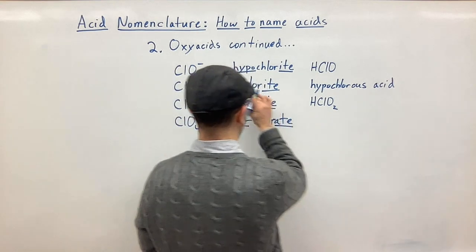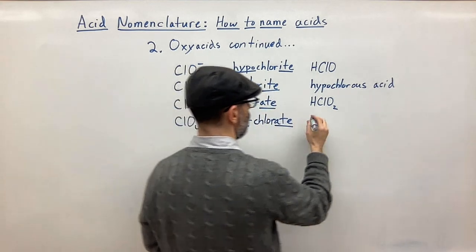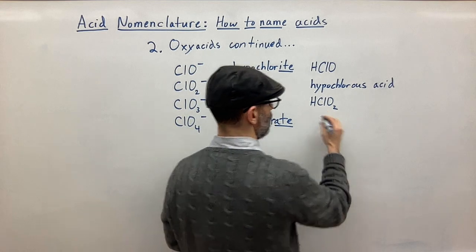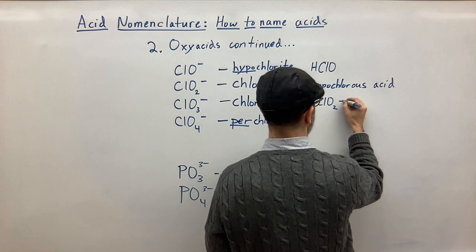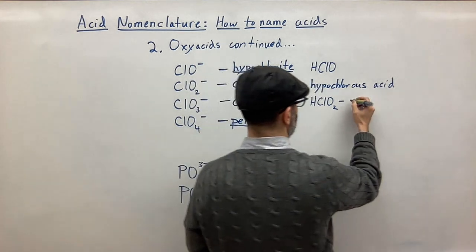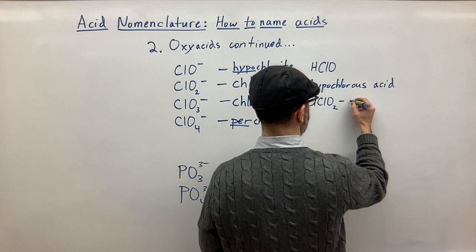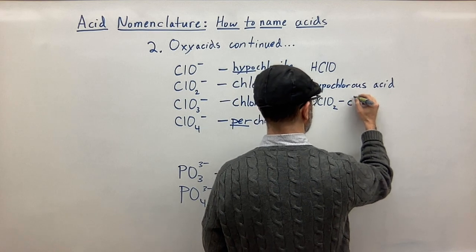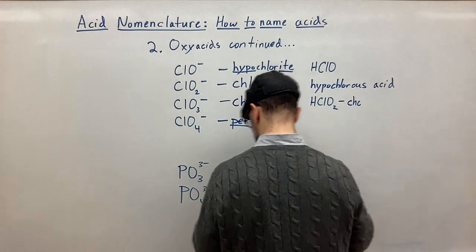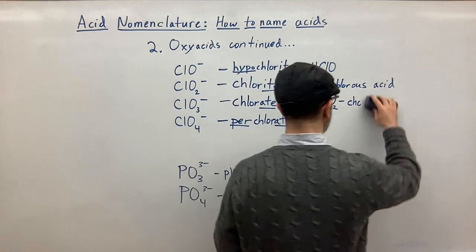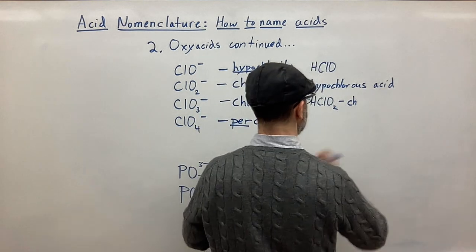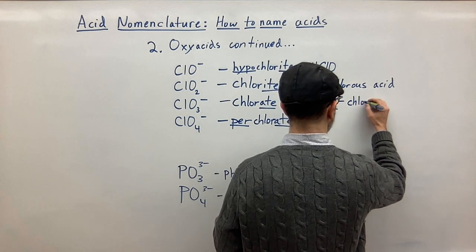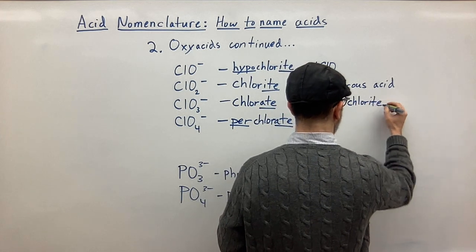I take the name of the polyatomic ion. In this case, I'll write it here. So the name of the ion is chlorite.